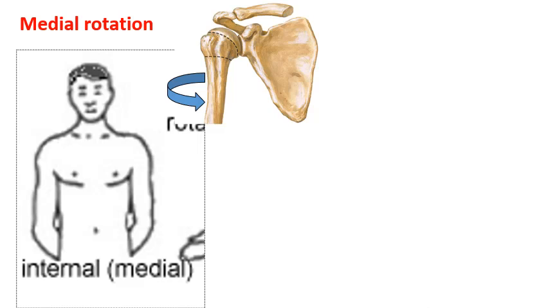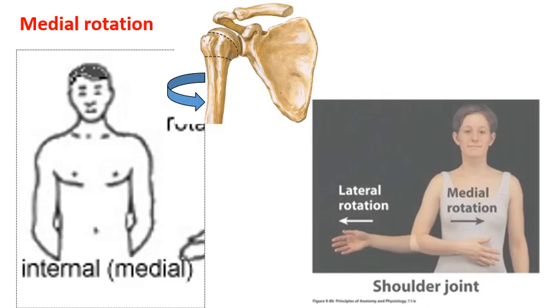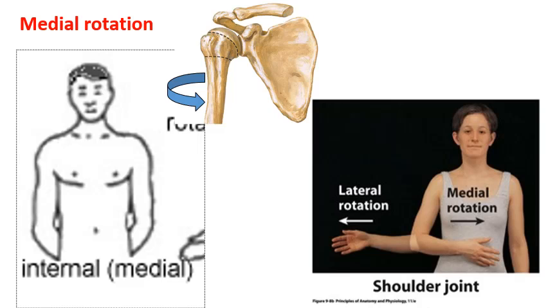If we want to return the arms to their position, we rotate the humerus outside, or laterally, away from the midline, and this is lateral rotation. So medial rotation is an inward rotation of the humerus towards the midline. Lateral rotation is an outward rotation of the humerus away from the midline.